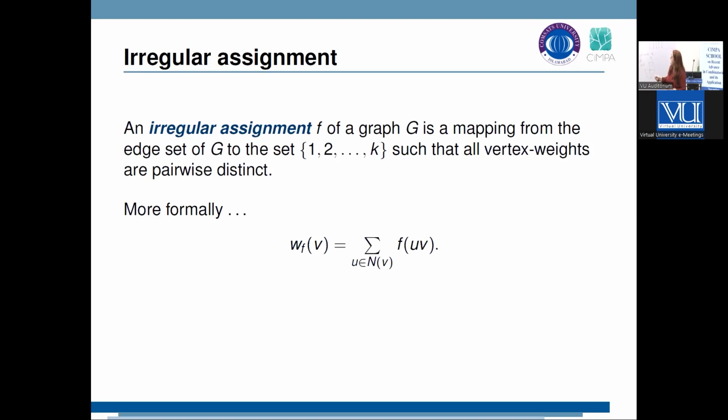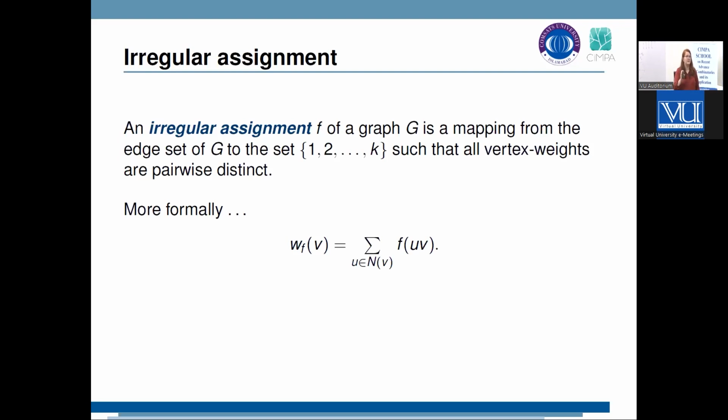Here we have a definition of how the weight of a vertex is defined. The weight of vertex v is defined as the sum of all labels of edges adjacent to the vertex. Check this definition and tell me whether it is similar to some other definition.